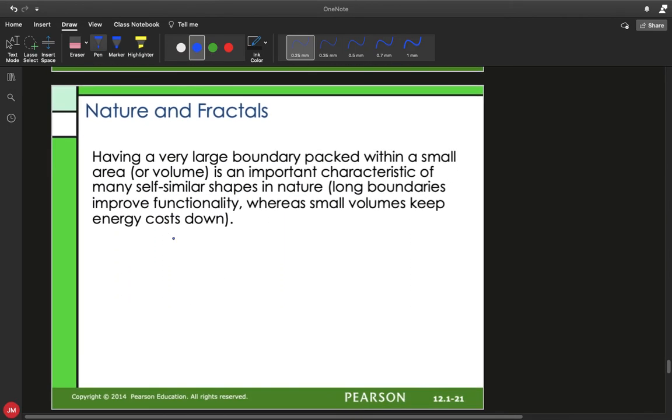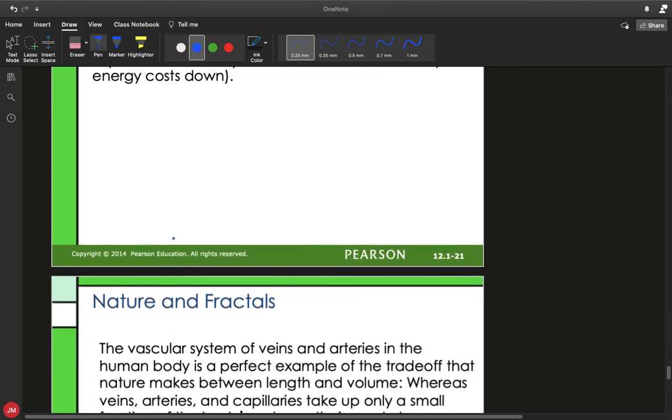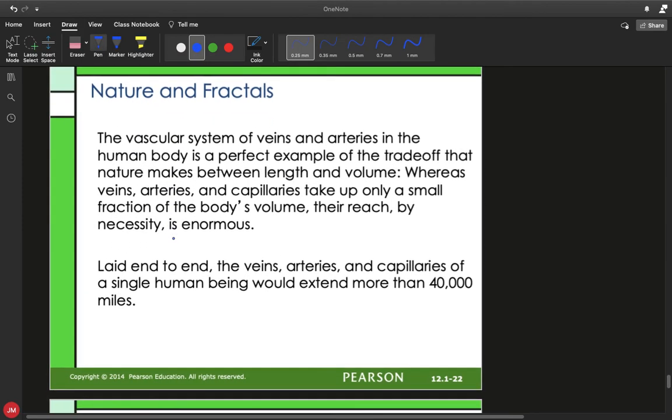Now, obviously, having a very large boundary packed with a small area is an important characteristic of a lot of shapes in nature as well. Long boundaries can improve functionality, small volumes keep energy costs down, and so on. One example of that is the vascular system. The veins and arteries in your body are very small, but create a very large length, which is a necessity.